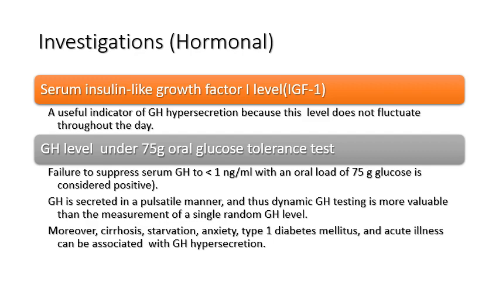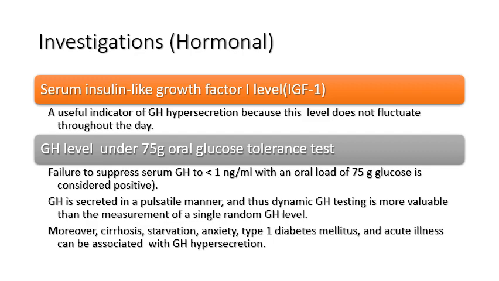Later in the early morning, growth hormone is measured in the fasting state and after intake of 75 grams of glucose. Failure of suppression of the serum growth hormone below 1 nanogram per ml is considered positive for the presence of acromegaly due to a growth hormone secreting pituitary adenoma.